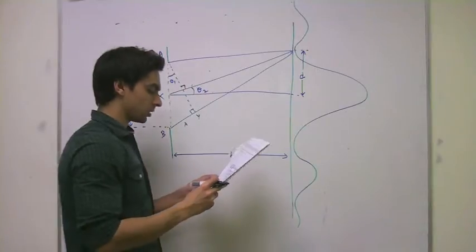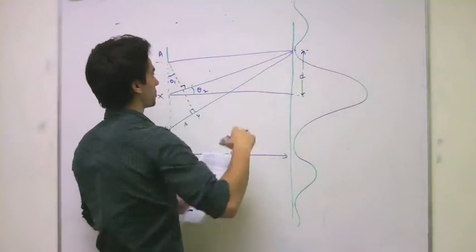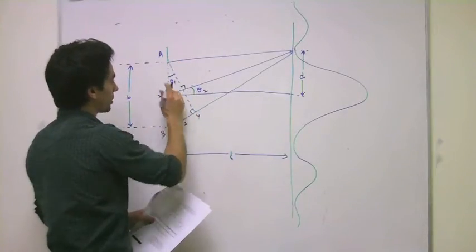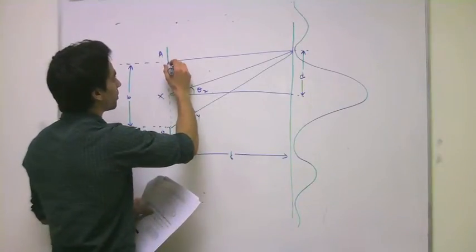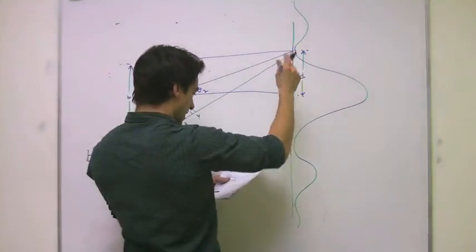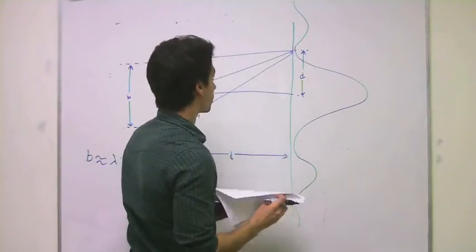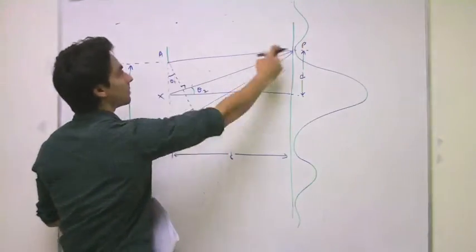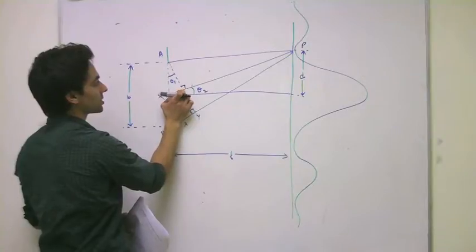Okay, so now how do we get the first minimum? Let's assume each point throughout the slit is a secondary source of a wave, right? So the path difference between A and, let's call this point P over here, the path difference between AP and XP is going to be this distance over here.